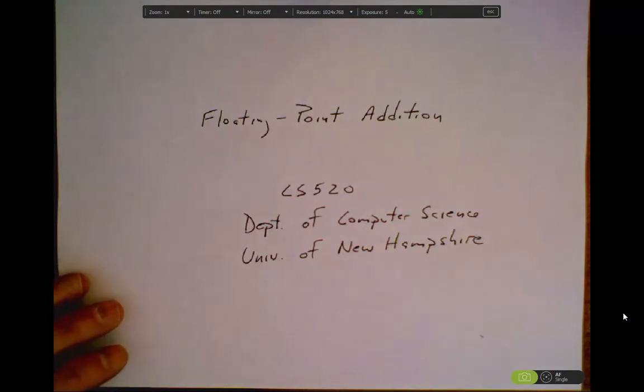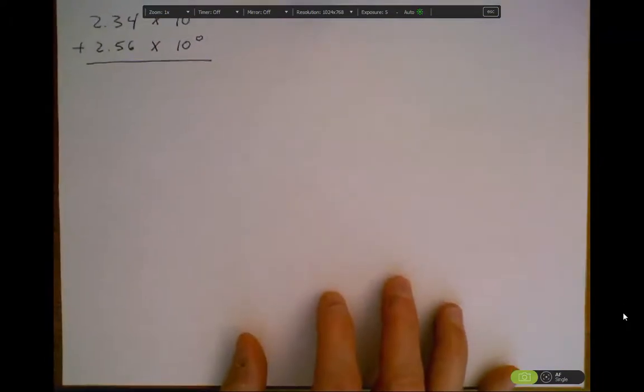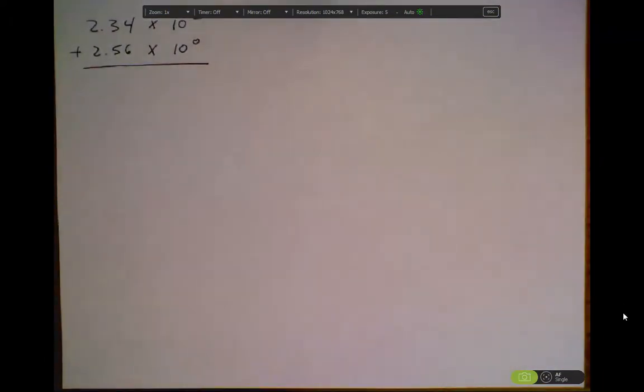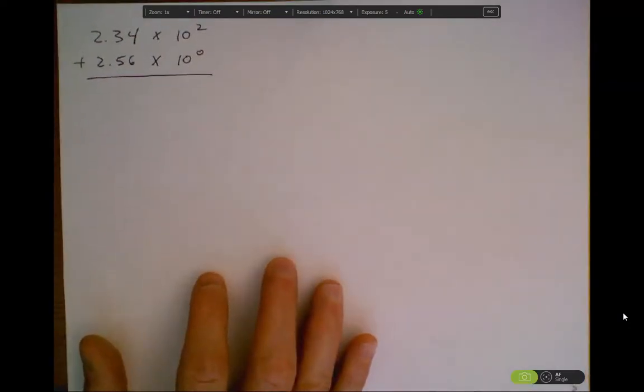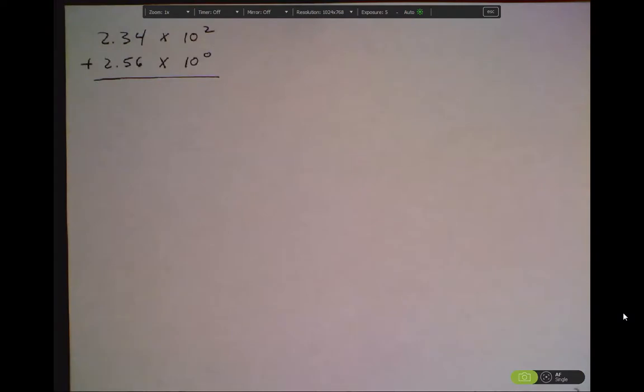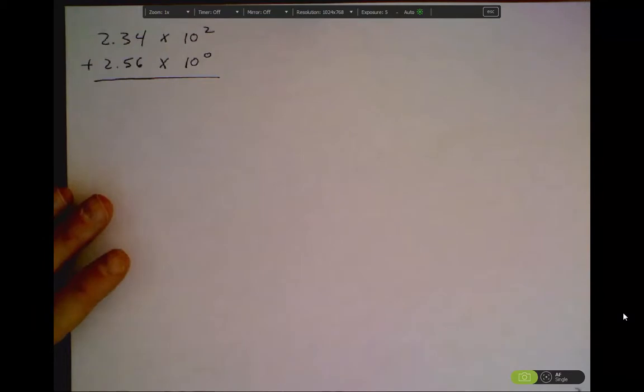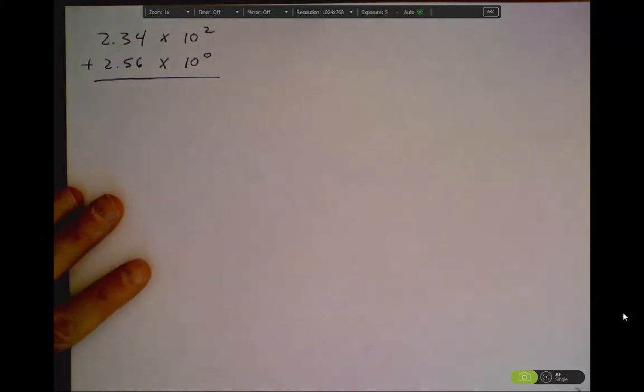So floating point addition, again, it's this situation where you may have to think back to high school when you first thought about computing with numbers in scientific notation. If you were asked to add two numbers together like that, I can't just add the significands immediately because the exponents don't agree. I know I've got to bring those exponents into agreement.